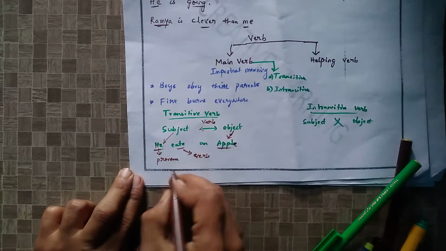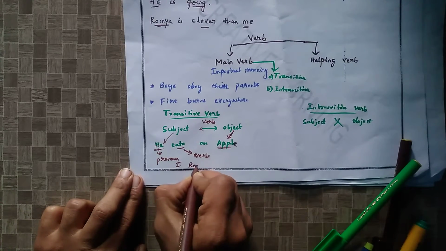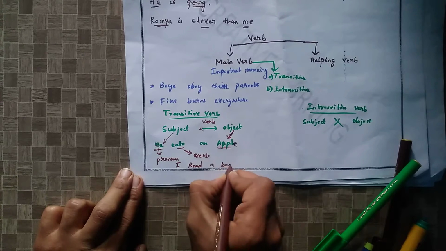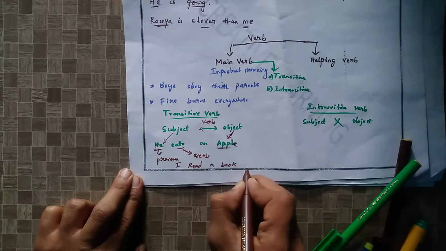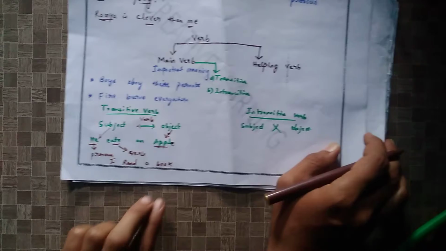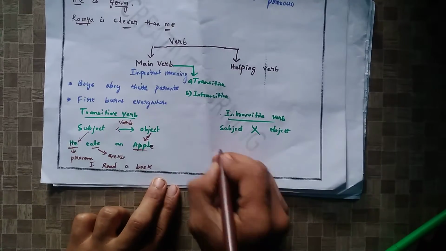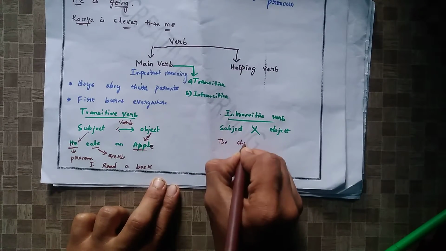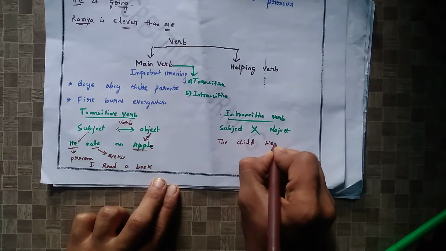Another example is I read a book. Next, for intransitive, the child weeps.